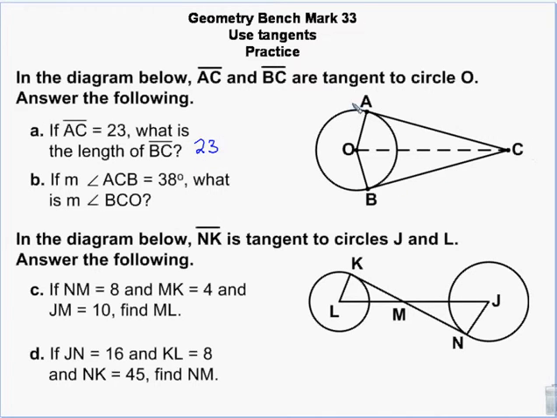23. Okay, if ACB, this whole thing, is 38, what do you think BCO is? Half of 38, exactly. And that will be 19. Because what we get here is these two are congruent, these two are congruent, and if you cut through here, you get congruent triangles.